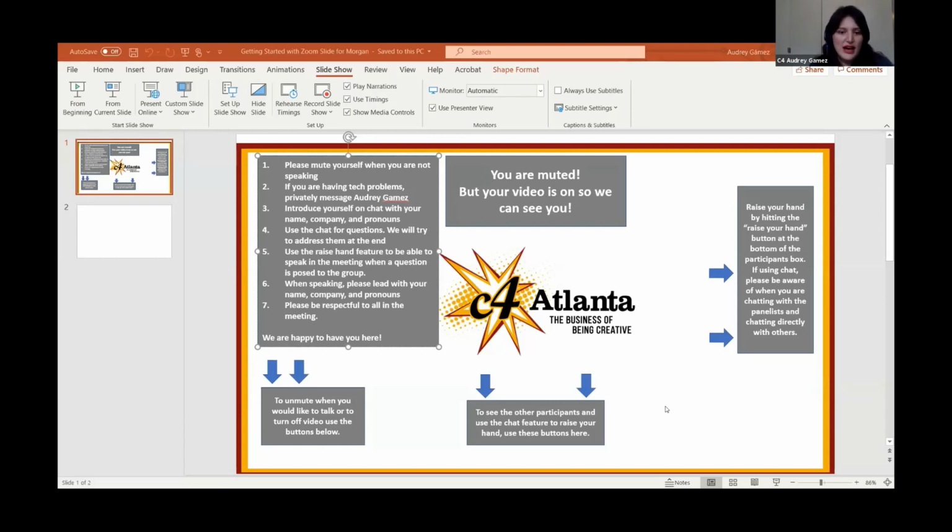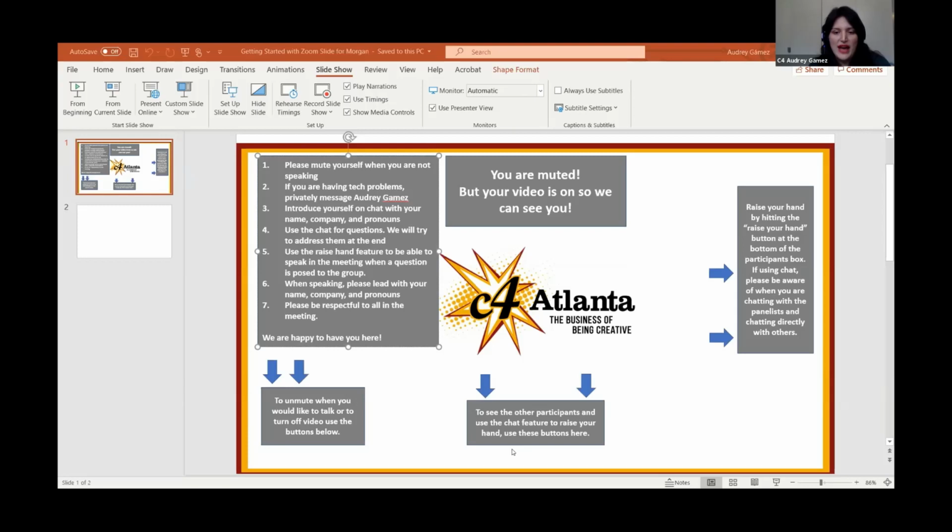Or if you forget your video is on and somebody bursts in on you, we can turn your video off. So we'll be aware of those things and we don't want anybody to be embarrassed. If you want to mute yourself or turn your video on and off, those buttons are in the lower left-hand corner.